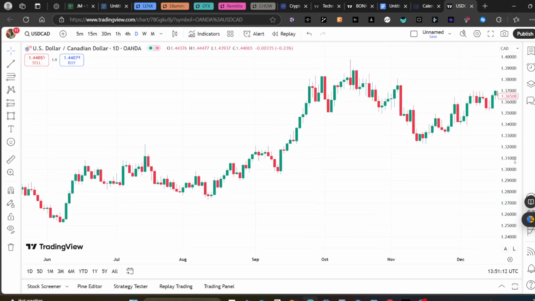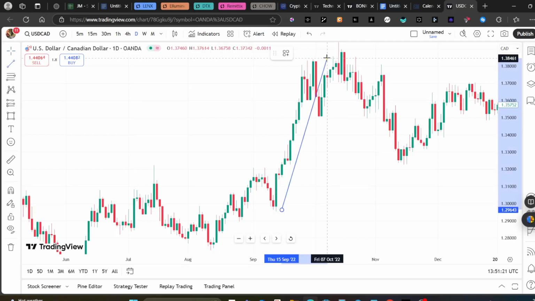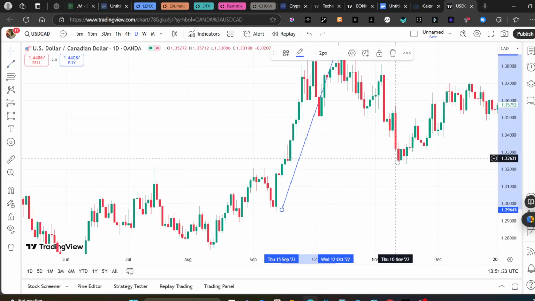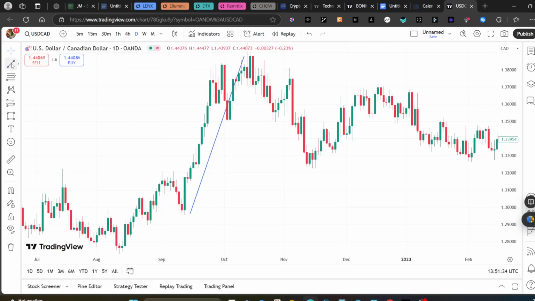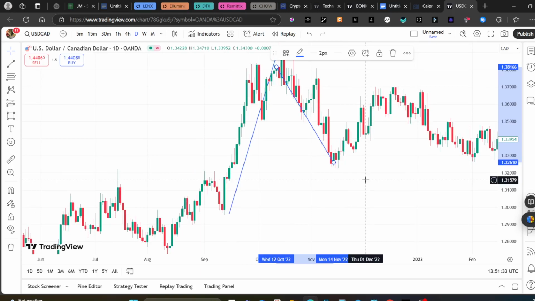You can see the market tends to retest these imbalance zones. You can see that there was a significant pullback. When price pulls back into the imbalance area, this is your signal to prepare for an entry.